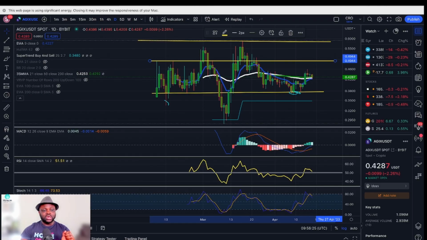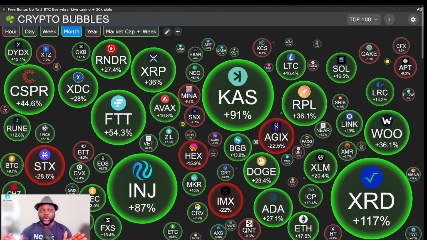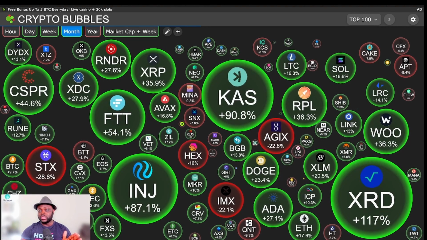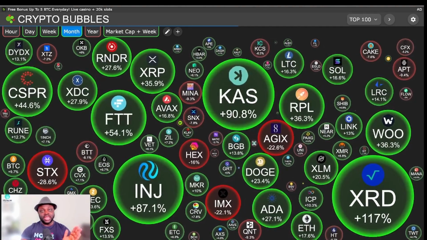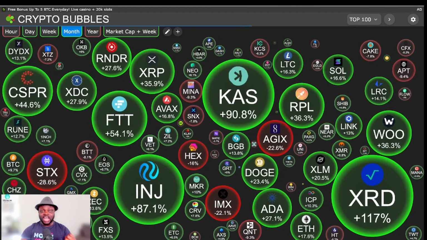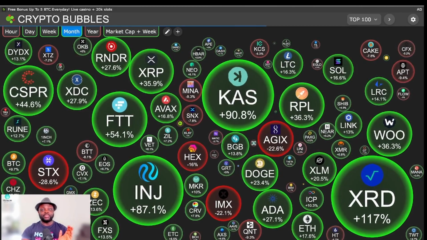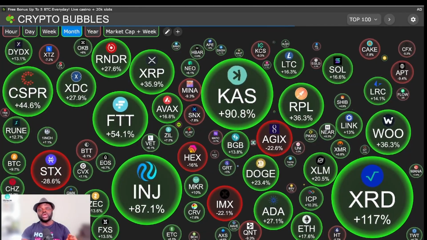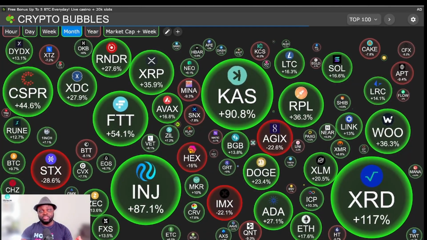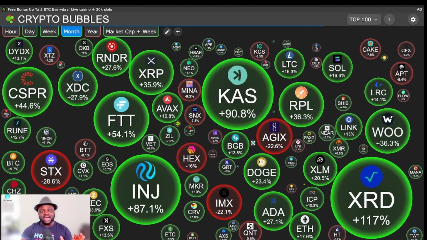And you can do the same with any other coins out there that you are holding. Just go and look at their past performance for the month or the year. If all the coins have been pumping and that particular coin hasn't yet pumped, the least you can do is do research, find out what is going on with the project. Are they still building? Do they have an active community?